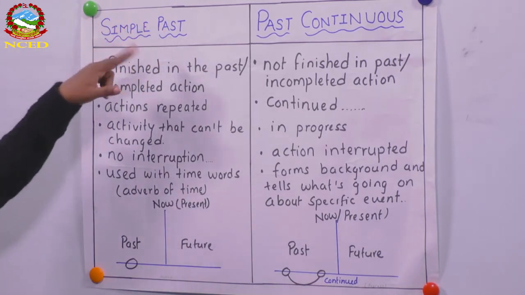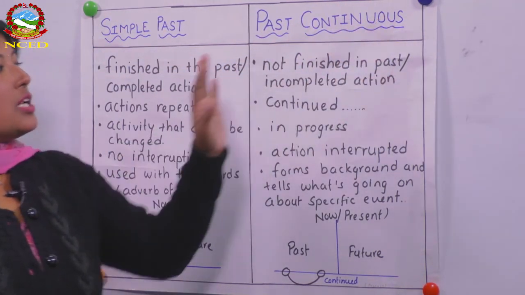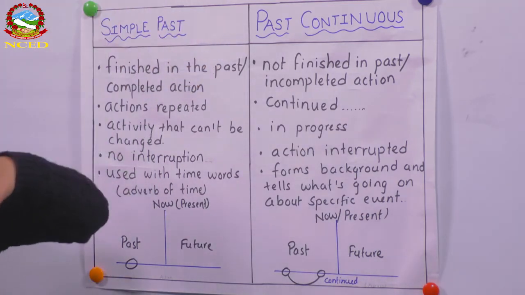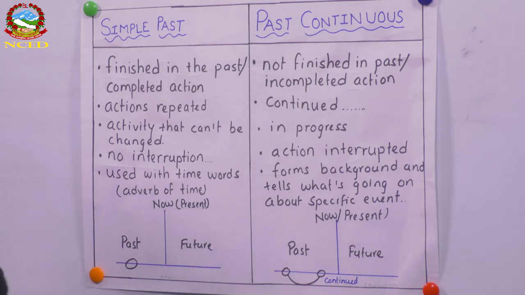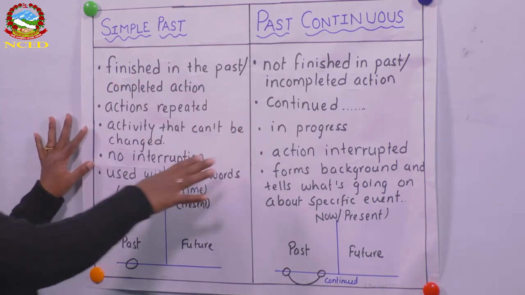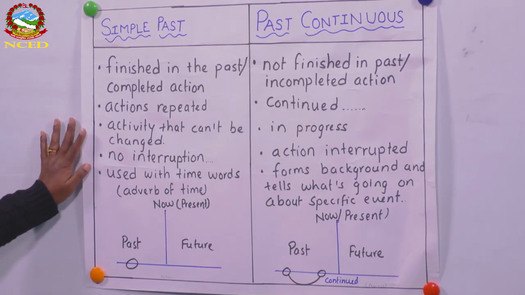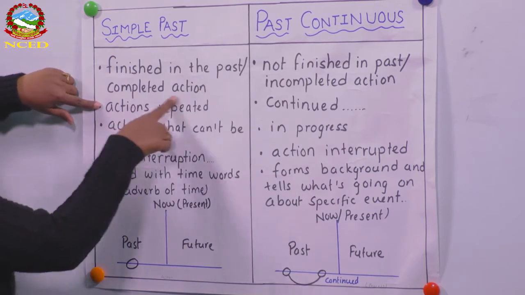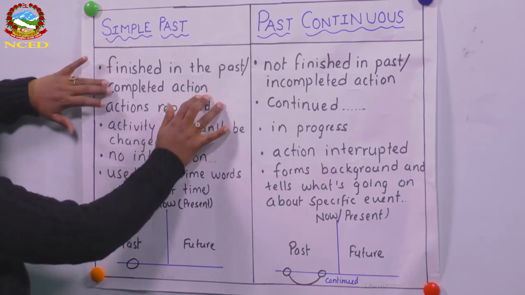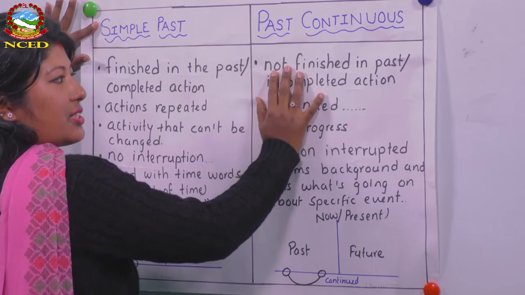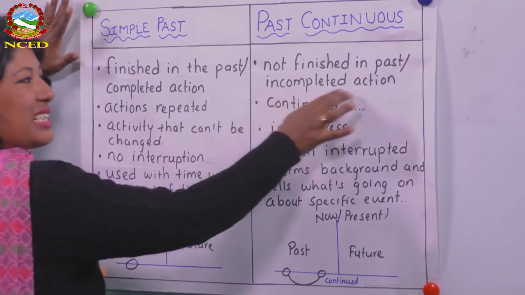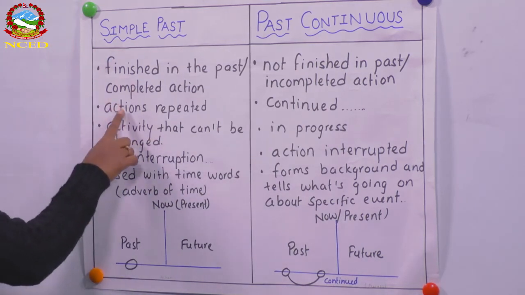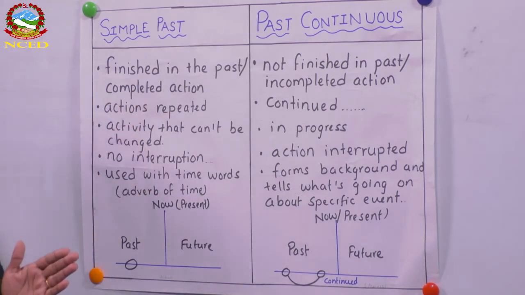Past simple, we say past simple as well, past progressive as well. So this is not an exact distinction between these two tenses, but it gives a clear view on those topics. So simple past is finished in the past, a completed action. And past continuous is not finished in the past, an incomplete action. Action is not completed.